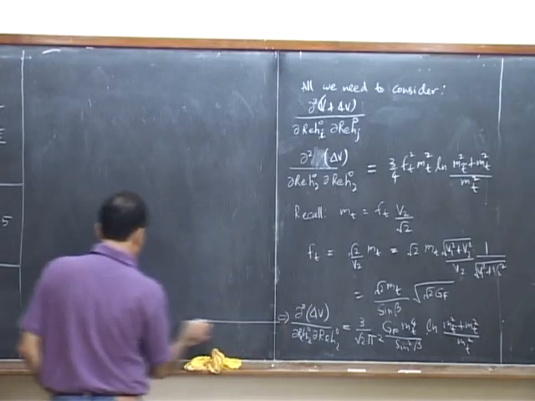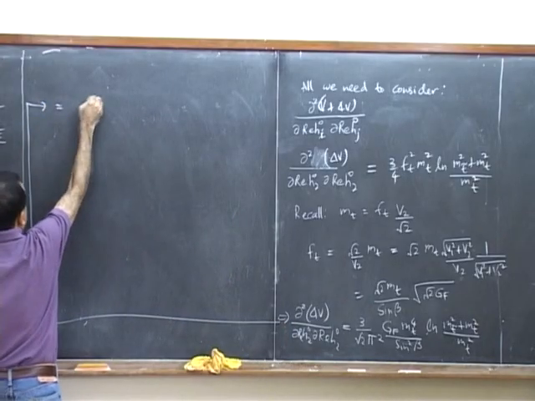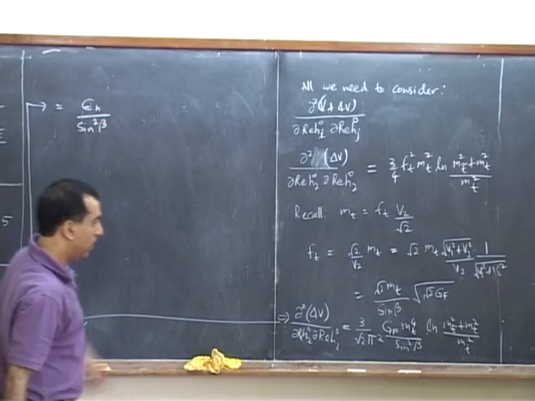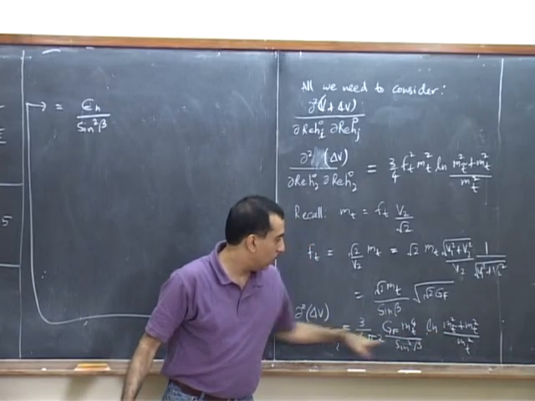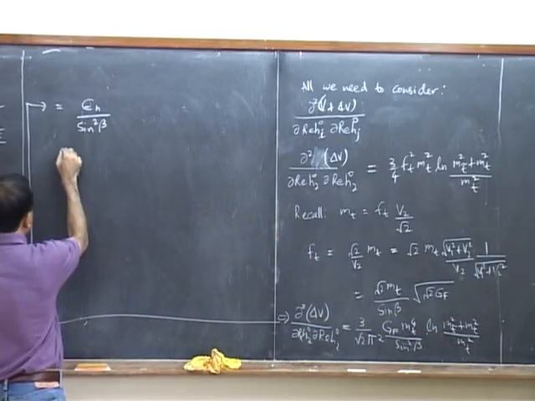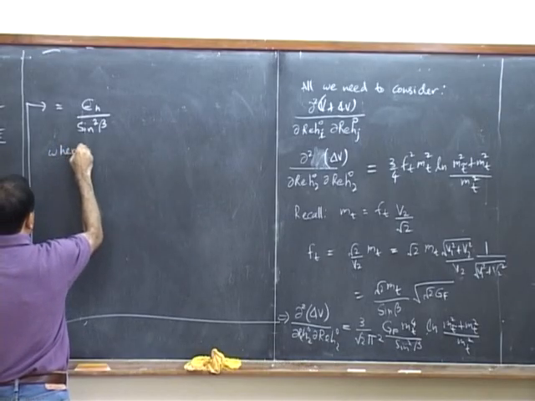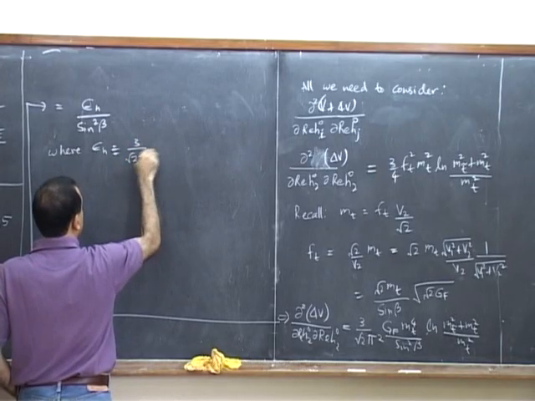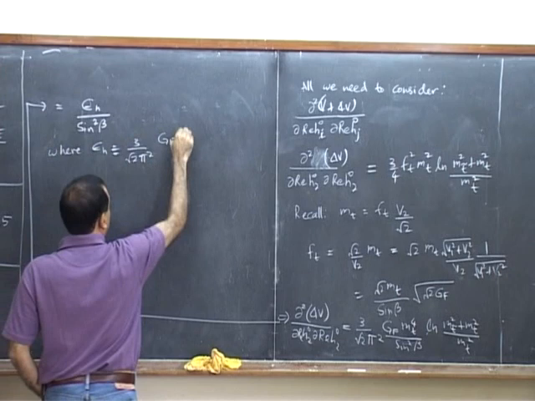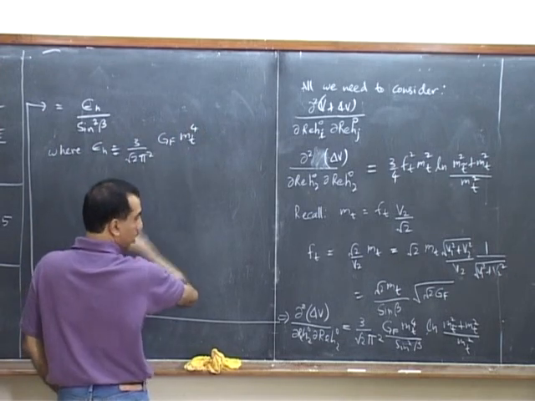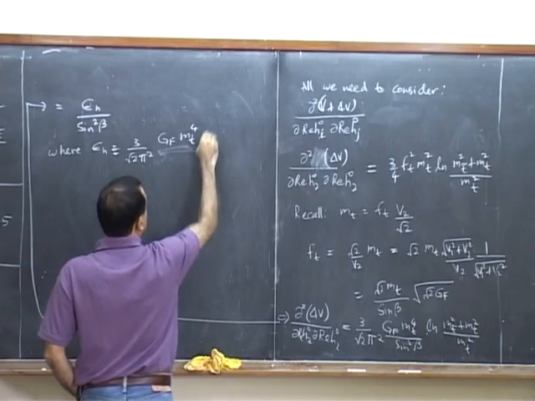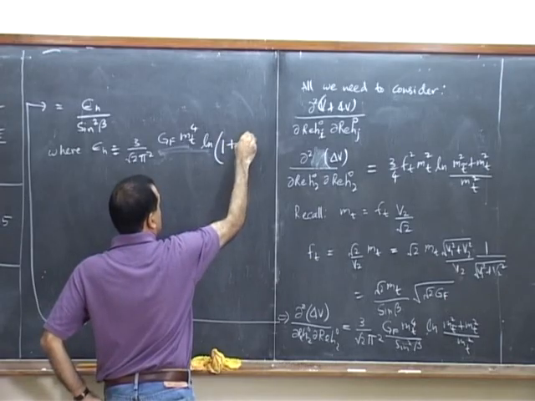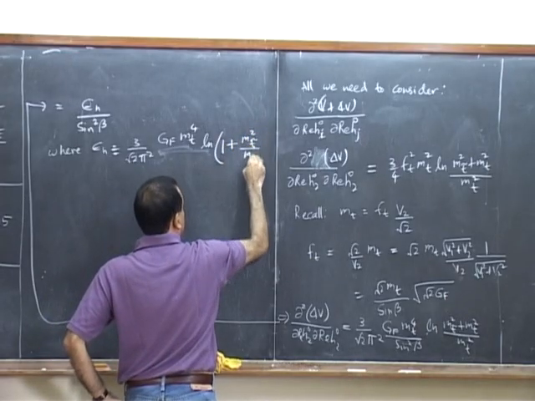So the first thing I'll do is to rewrite this as epsilon h upon sine square beta, where everything on the right side that's not sine square beta is called epsilon h. It's defined to be 3 by root 2 pi square, GF mt to the fourth, times the log of 1 plus mt tilde squared upon mt squared.